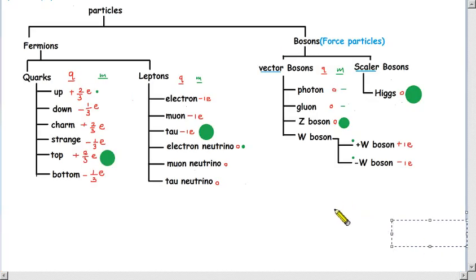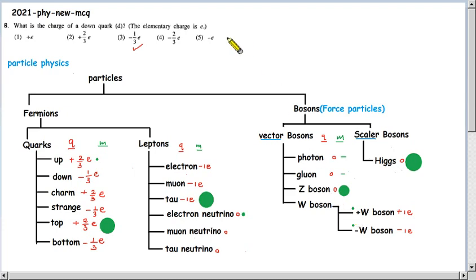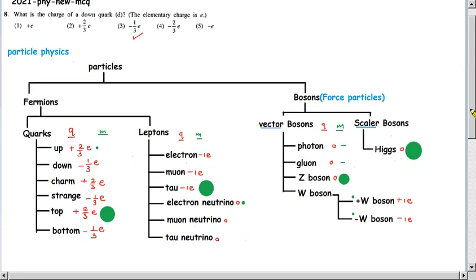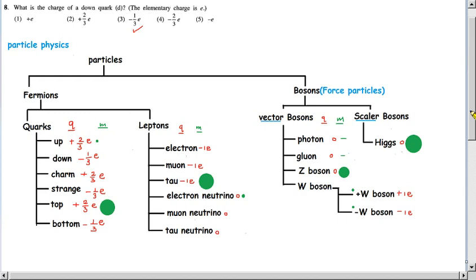So now you have a summary. You must have been given a chart like this by your teachers, so you can use it. If students do not have a chart or summary like this, you can use this one. I think this video will be useful to them.